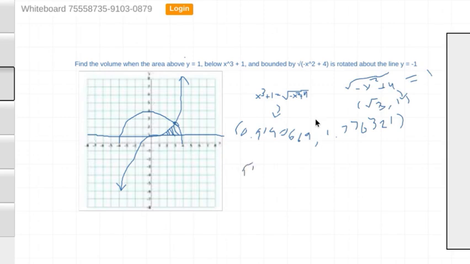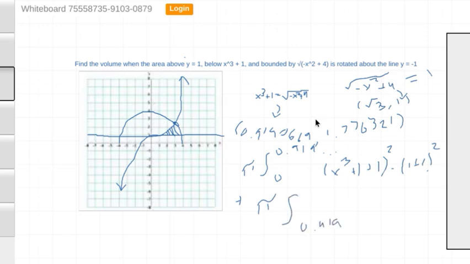So now that we have these two coordinates, we can set up an integral. Using pi r squared, using disks with another disk inside, we get pi times the integral from 0 to 0.919 of x cubed plus 1, because we're rotating around y equals -1, squared minus 1 plus 1 squared.